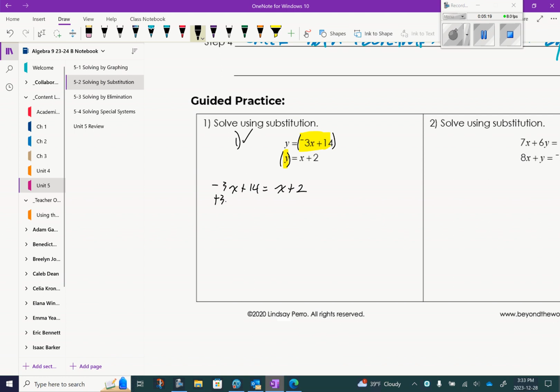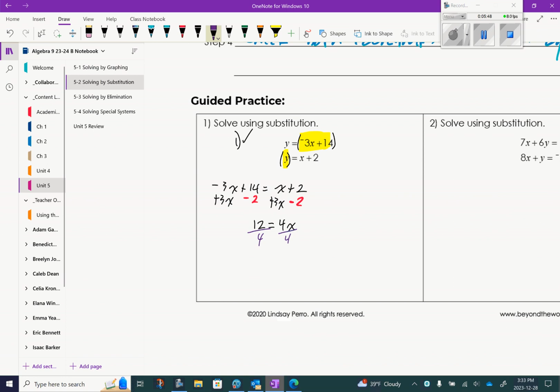So if I add 3x to both sides, again, inverse operation, x plus 3x, that means I now have 4 of those. And if I'm going to move the variables over here to the right, I should subtract 2 and move the constants to the left. So 14 minus 2 will knock that down to 12.